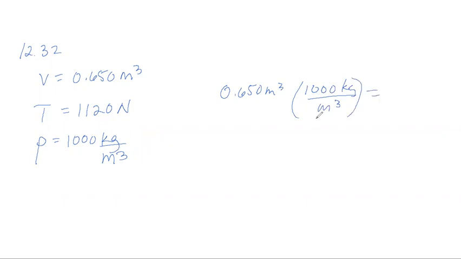So my force buoyant is going to be equal to 650 kilograms. Oh, no, that's my mass. 650 kilograms times 9.8 meters per second squared.